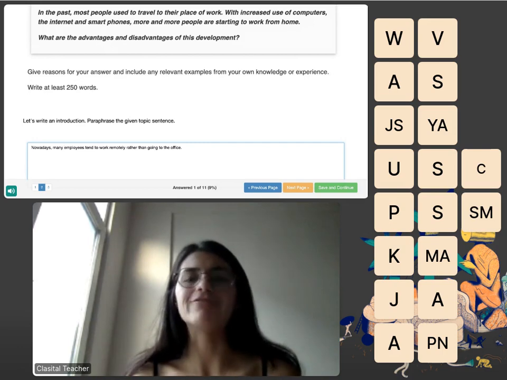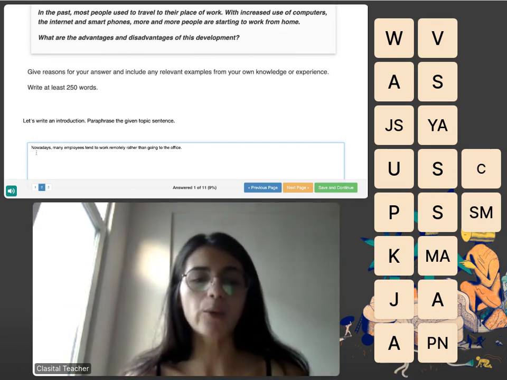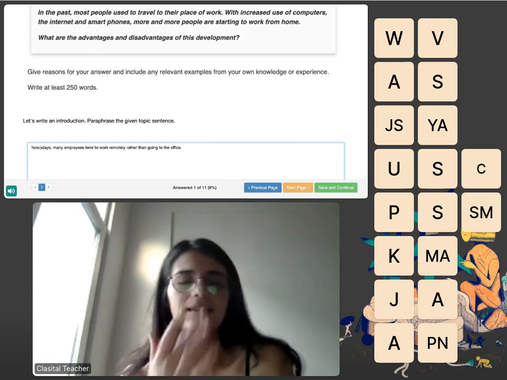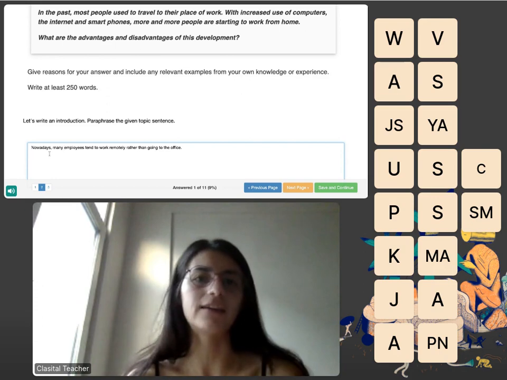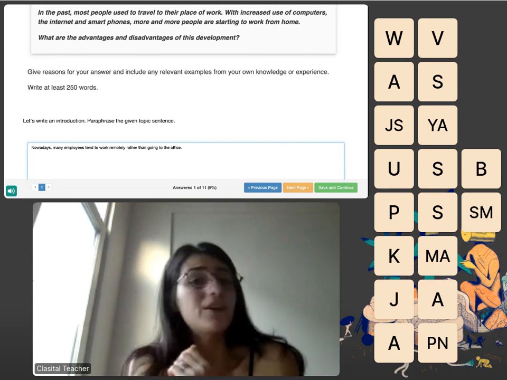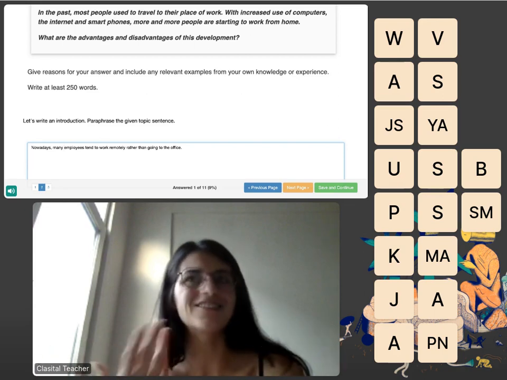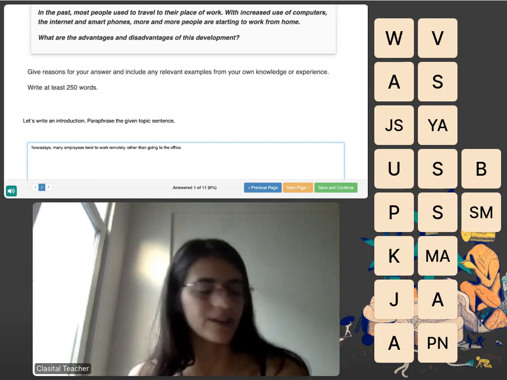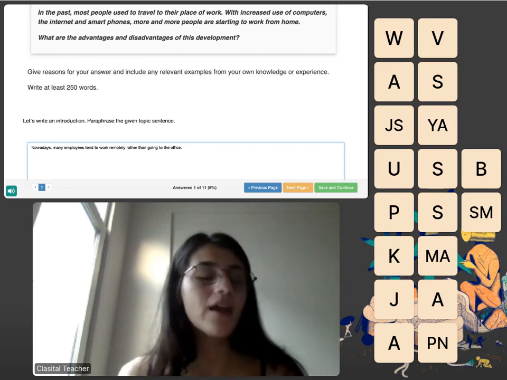So when you have a shorter version of something, so nowadays instead of in the present days, try to use the shorter version, because then the examiner will not be confused by all these different words. Actually, they're not important, right? In the present days does not give us any academic versions of anything.